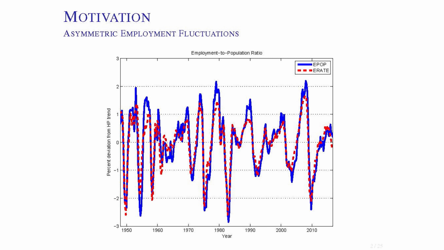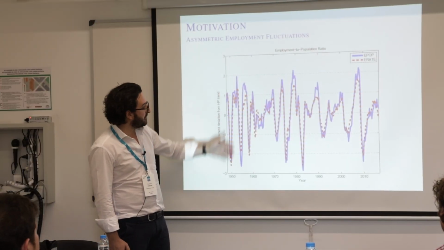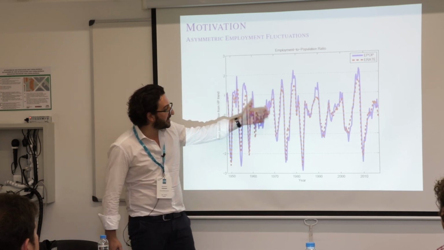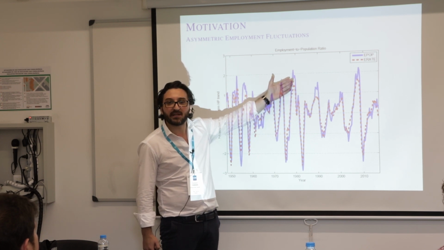As we can see, it tracks pretty much the employment to population ratio, so it is pretty volatile over the business cycle. And again, the deviations below trend are larger than deviations above trend.